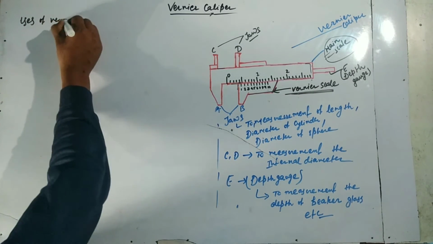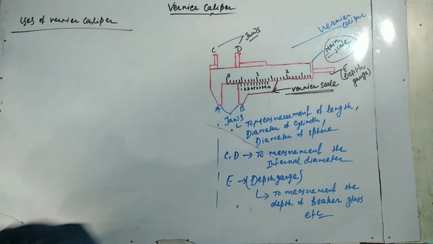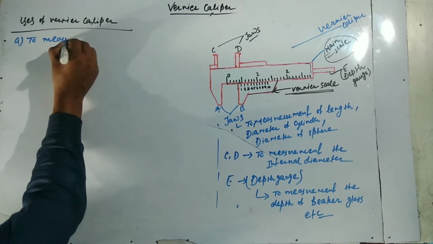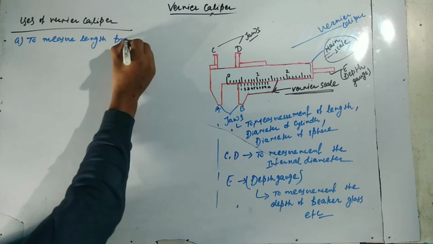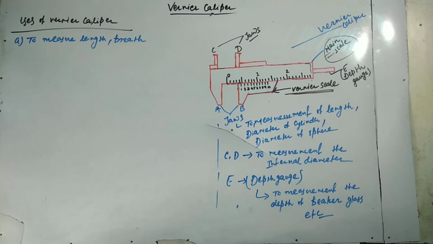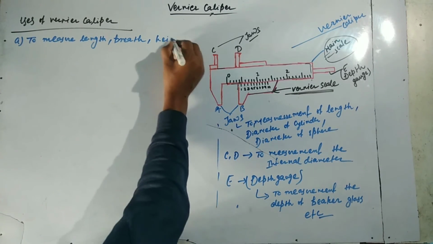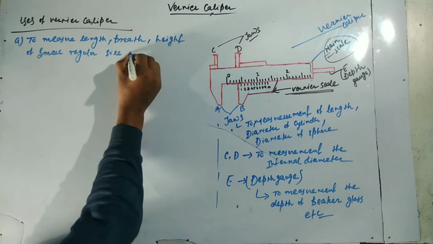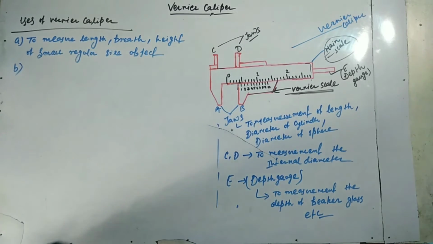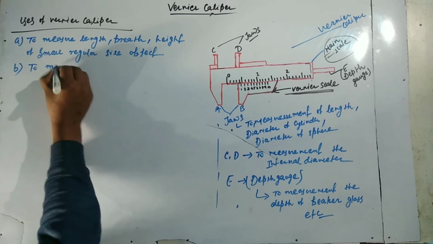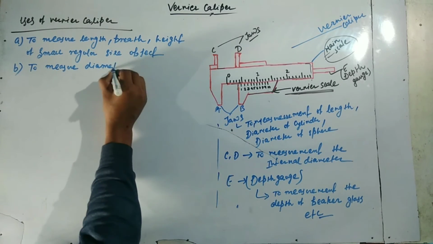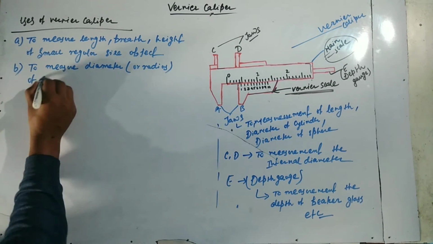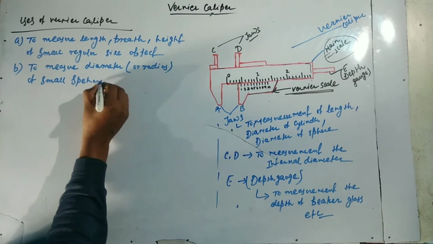We can say the Vernier caliper is used to measure: A, the length, breadth, and height of a small regular-sized object. B, the diameter or radius of a small spherical or cylindrical body.